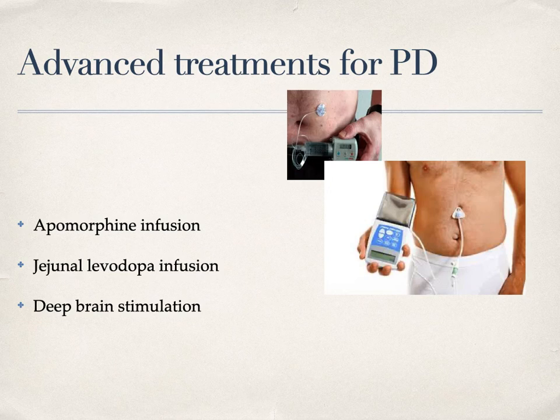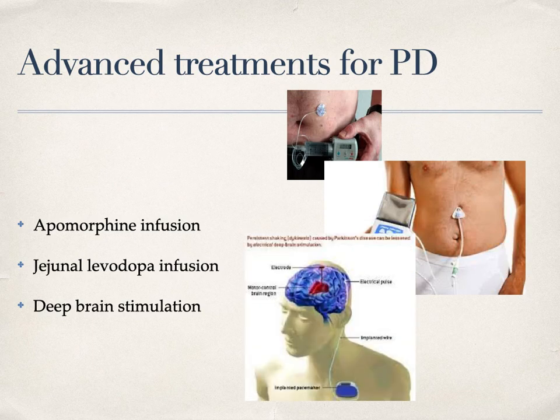And the last of the advanced treatments for Parkinson's disease at the moment is deep brain stimulation. So here you can see that the patient has two leads or electrodes planted in generally the subthalamic nucleus bilaterally of the basal ganglia, and those leads or electrodes are connected to a sort of pacemaker type device that's inserted in the chest wall.